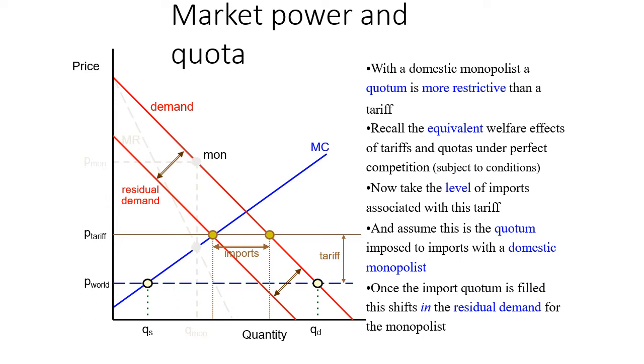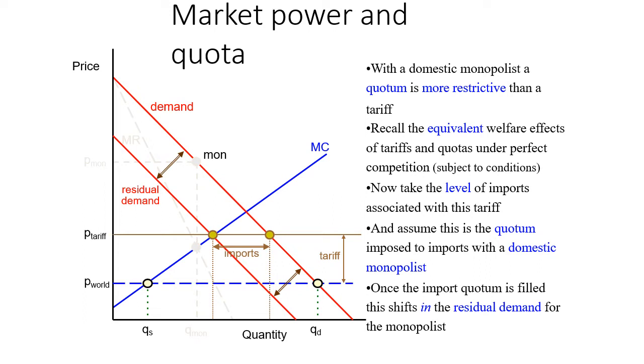But now you need to understand, okay, I have my imports, I link it to a tariff. What has happened in terms of our local demand? Part of the local demand was met through what? Through the imports, through a foreign firm. So there is a leftover demand. That leftover demand, called a residual demand, is now associated with a decrease in the normal demand curve that you would have had for your country. So you see a leftward shift from your demand to a residual demand curve.